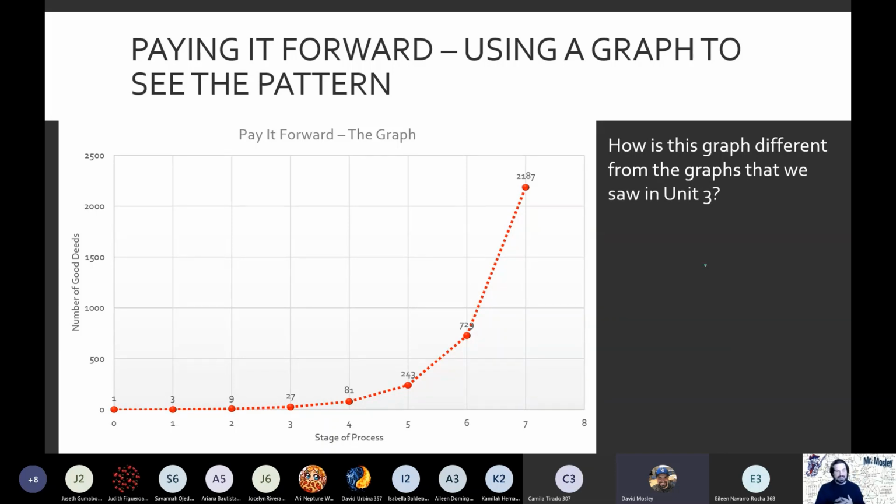Yeah, all right, that is correct. It is not linear. It is not a line. All right, what else could we say compared to our other graphs?